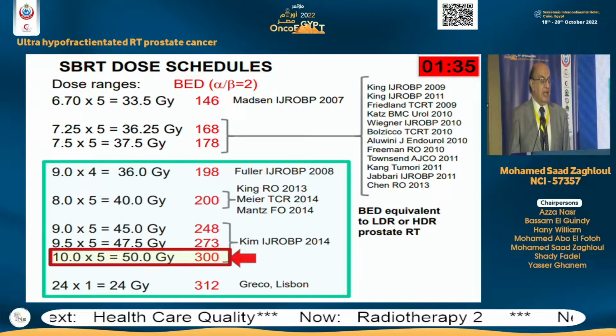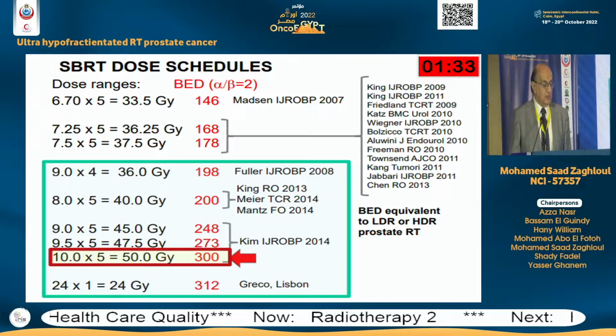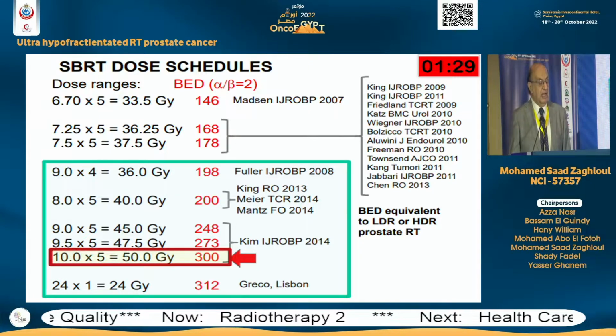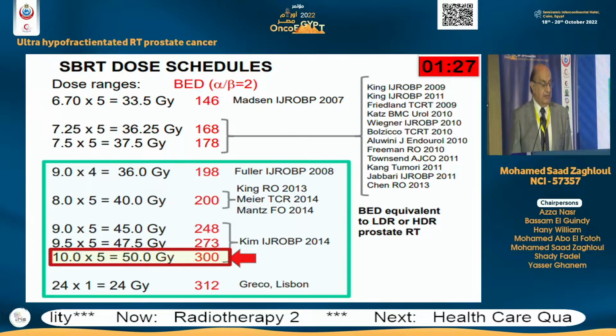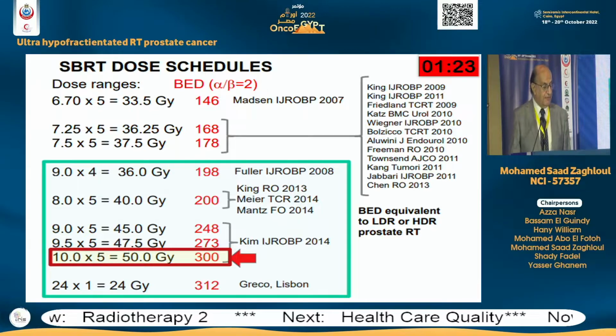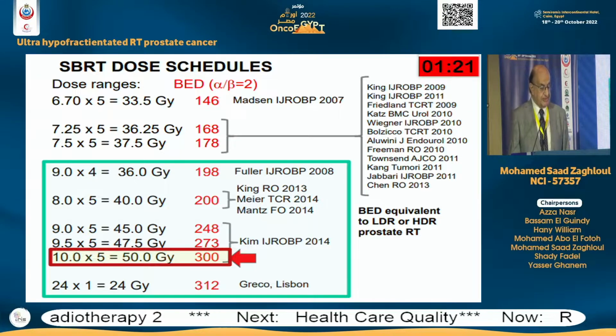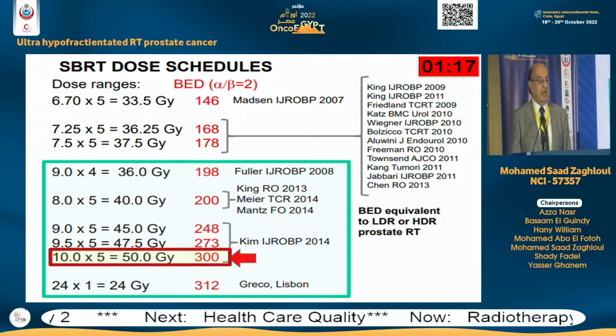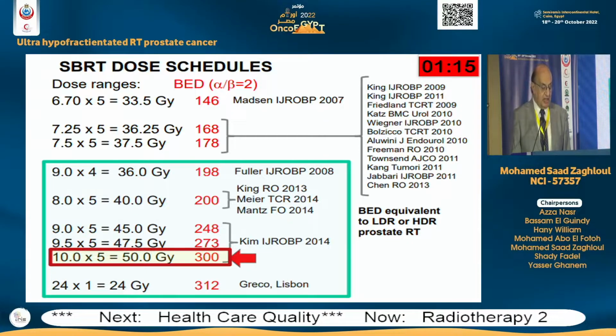The doses of the radiotherapy, as I just mentioned, the most famous is 7.25 by 5 gray, but you can have a range of doses, and the BED ranges from 168 up to 312.